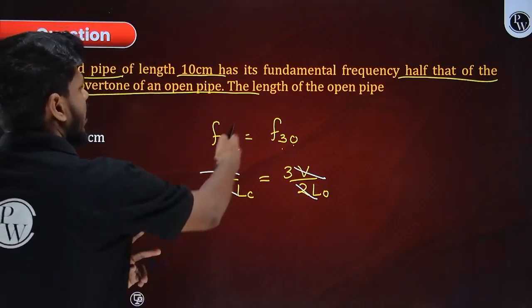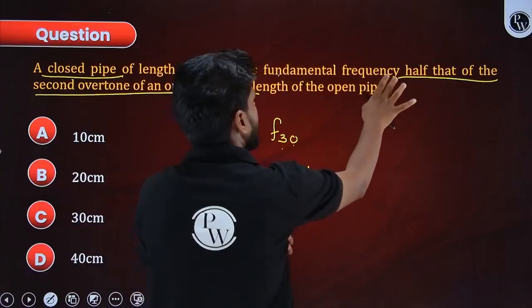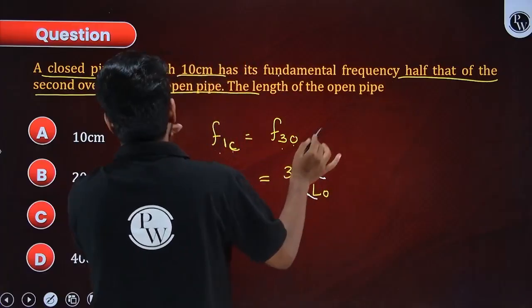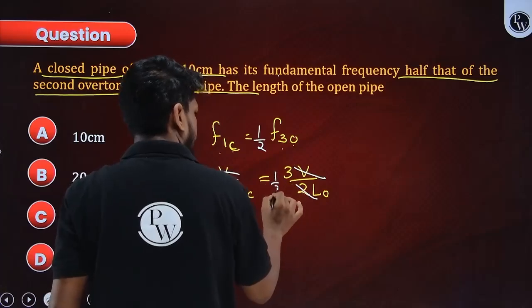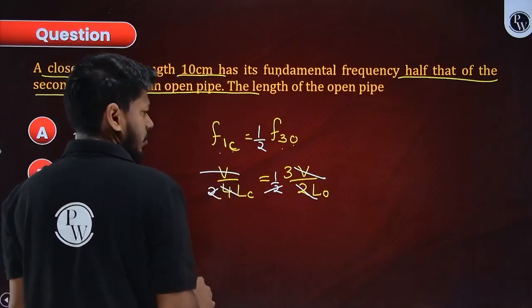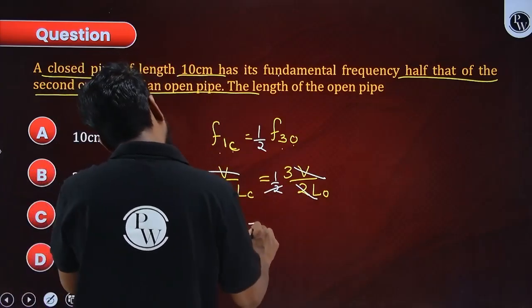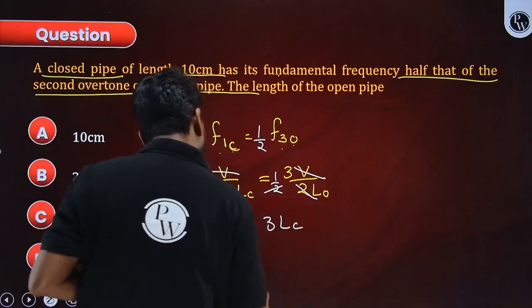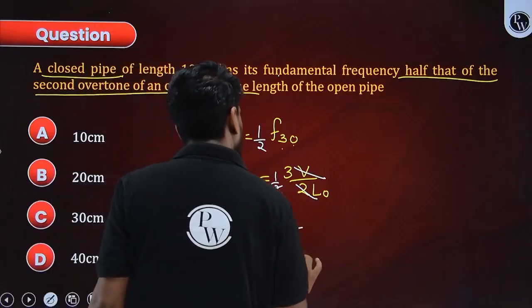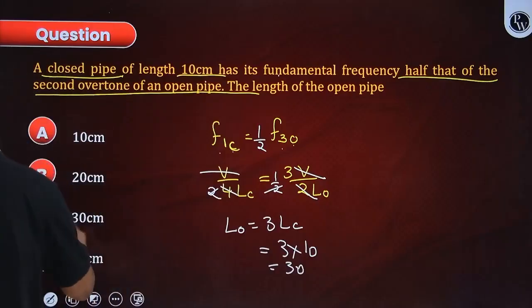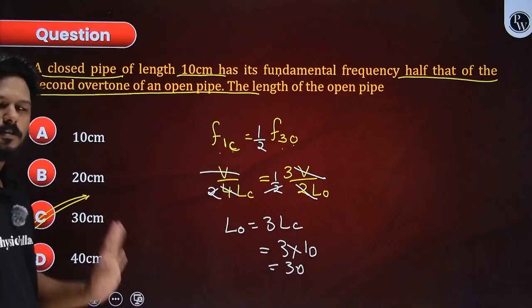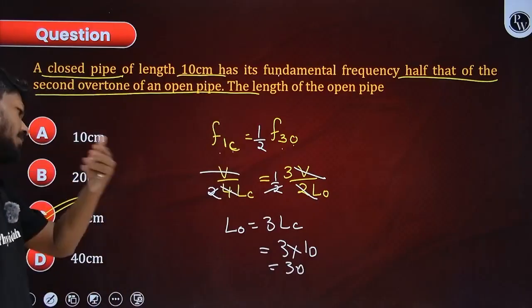Okay, actually it is half. The fundamental frequency is half that of the third harmonic. So it is half of this, so this 2 can cancel. I get the length of the open pipe is equal to 3 times the length of the closed pipe. The length of the closed pipe is 10 centimeter. So 3 into 10 is equal to 30 centimeter. Any difficulty? 30 centimeter. Okay.